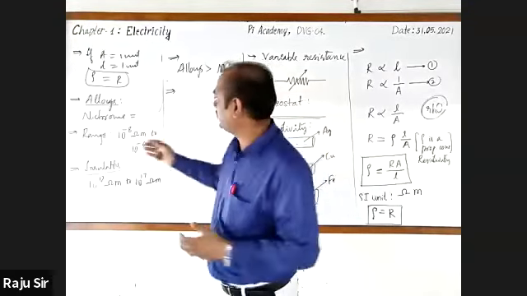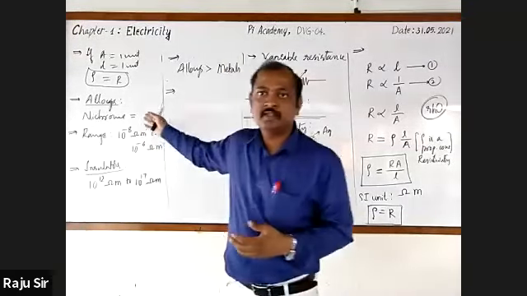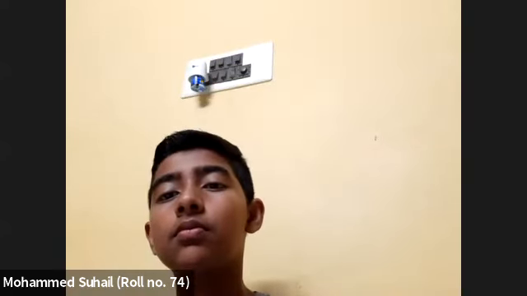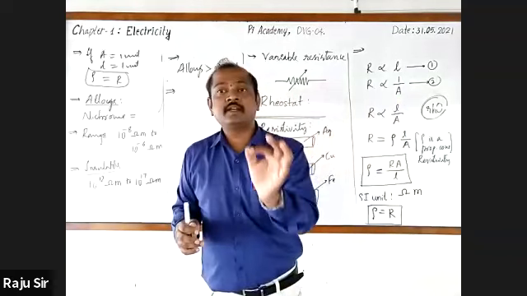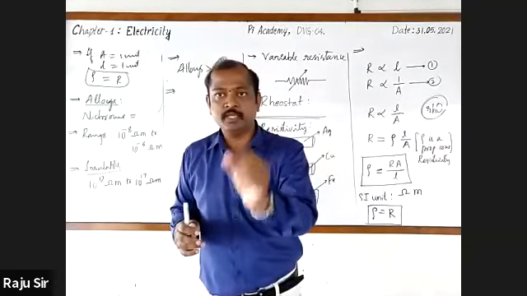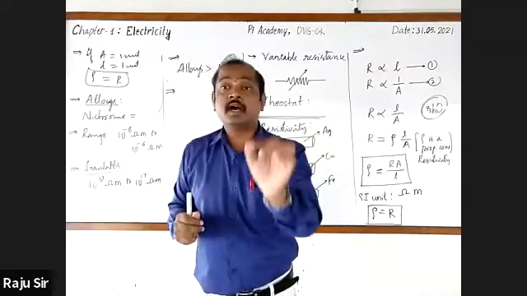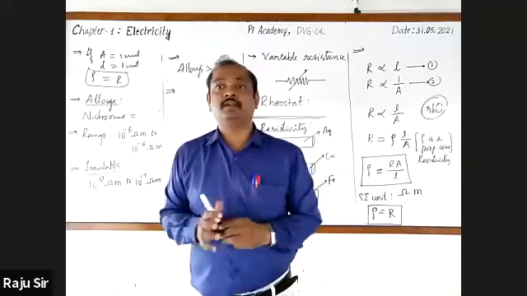What is that filament? It is nichrome, right? In most of the electrical heating devices, which mean the devices which work on heating effect of electric current, alloys are used as filament.